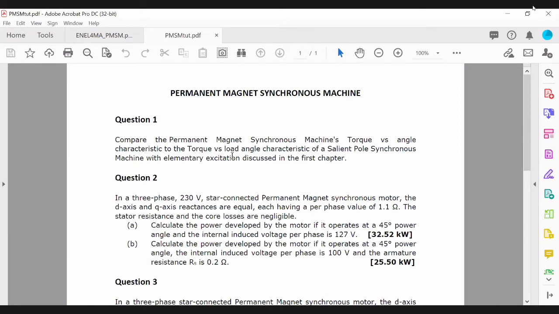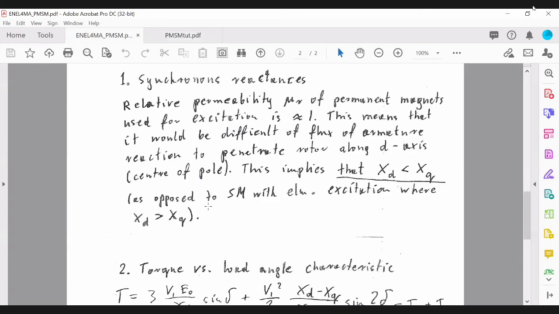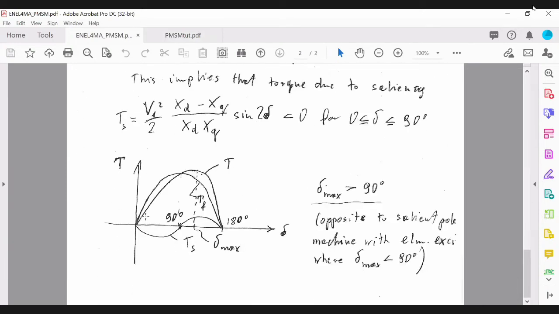So obviously you have to focus on this part, the shift due to the saliency. You draw this curve and show that it's shifting the maximum torque to an angle higher than 90 degrees. And you can draw the other one for the elementary excitation and show that the maximum is below 90.